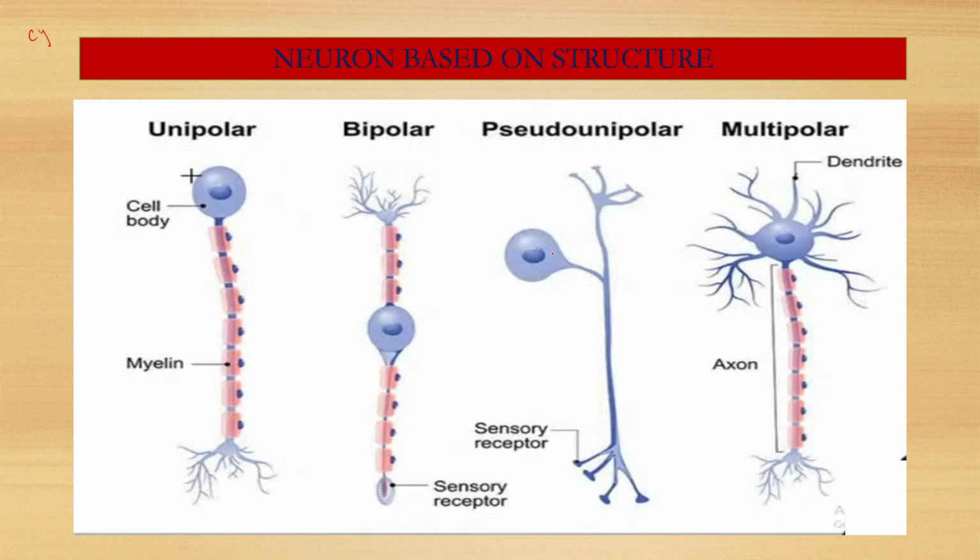So this type of neuron is pseudo-unipolar. And if there are multiple projections from the cell body, it is known as multipolar. This is the most common type of neuron, where from the cell body arise various dendrites and axons. So it is multipolar.